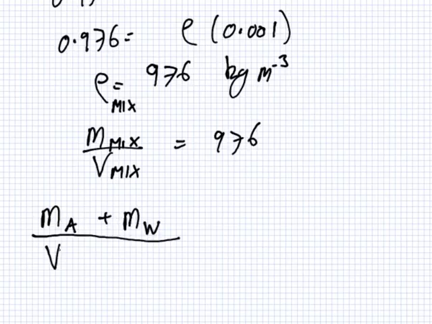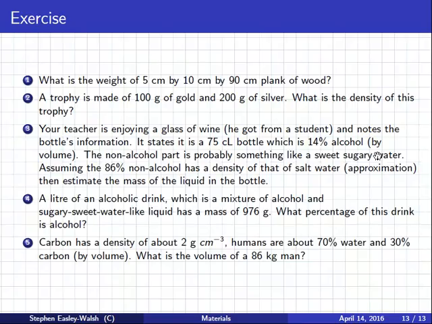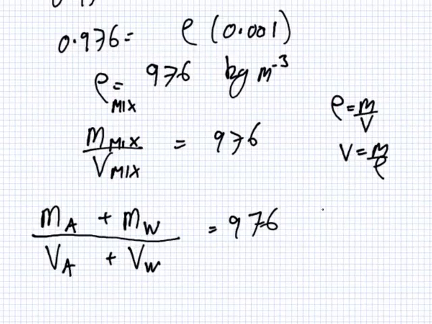I forgot what we're looking for. So we're looking for the volume actually, so it'd be more useful to change the top into mass is density by volume. So I can change this into density of the alcohol, volume of the alcohol, plus density of the water, volume of the water, over volume of the alcohol plus volume of the water equals 976.